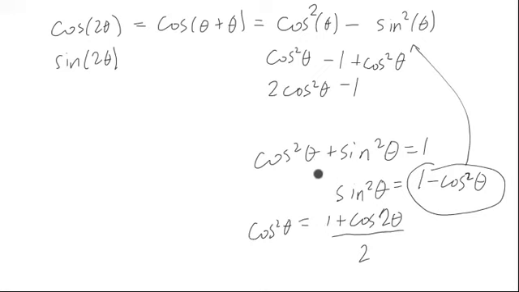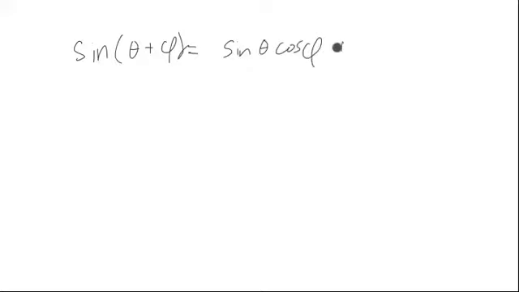Okay, now let's take a look at sine 2 theta. We're going to use the identity sine of theta plus phi is equal to sine of theta cosine of phi, and then you just switch places with the plus, sine of phi cosine of theta.